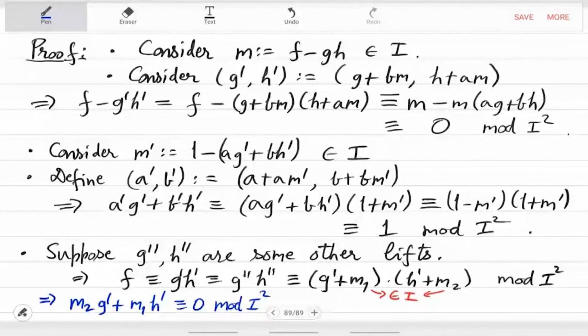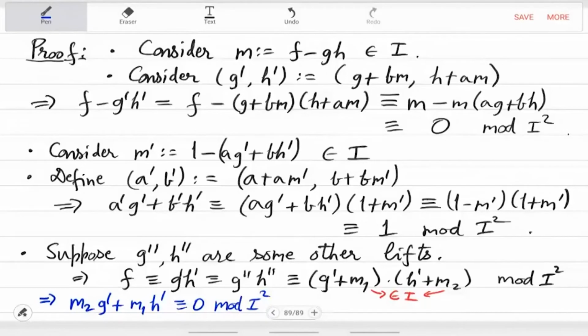What do you do next? Yeah, use the Bezout identity for g prime, h prime. You might want to cancel these things out, but that may not be legal in this arithmetic. So the only thing you can do is multiply or add. It's a ring, right?